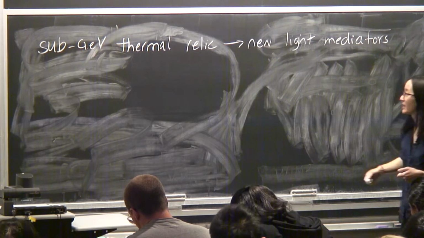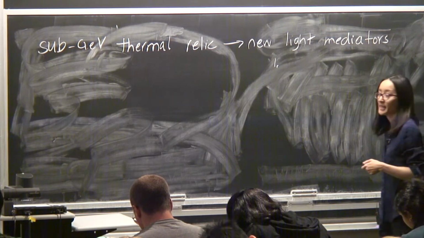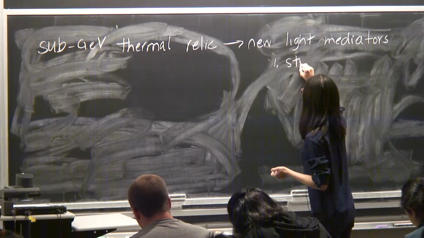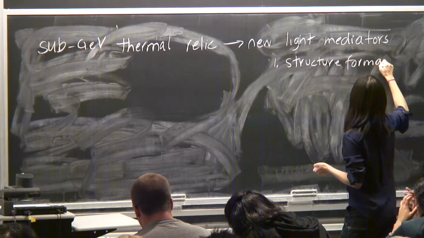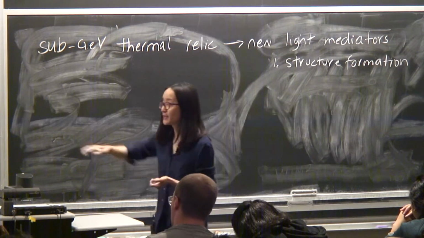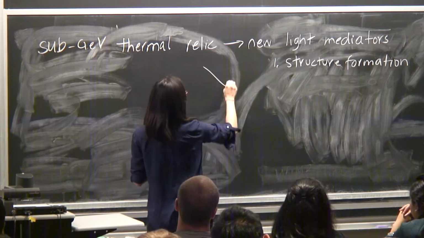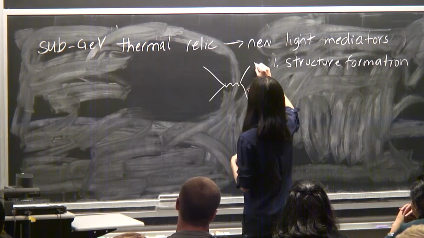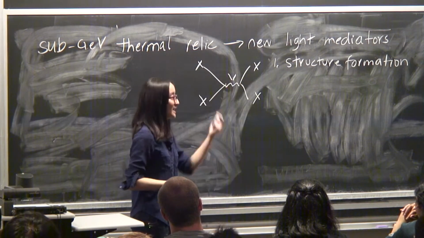Okay, and let's just outline a couple of these. We'll go into a lot more detail about them later. One is structure formation. Although the mediator is light enough that we can satisfy these kind of CMB bounds, this new light mediator allows processes like dark matter self-scattering, which is larger because the mediator is light.